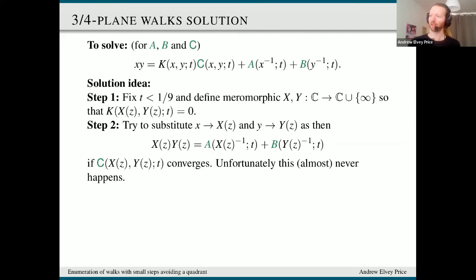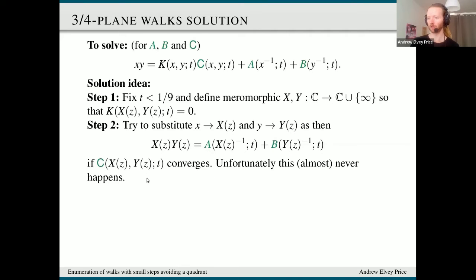The problem is that C has both positive and negative powers of both x and y, because the walk could finish anywhere. And so when we try to plug this in, either x is going to be too big for it to converge, or x will be too small for it to converge, or y will be too big for it to converge, or y will be too small for it to converge.